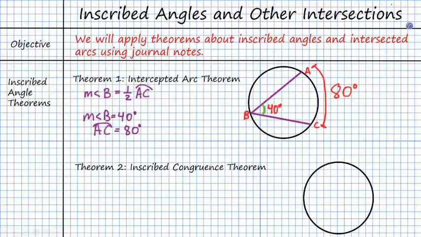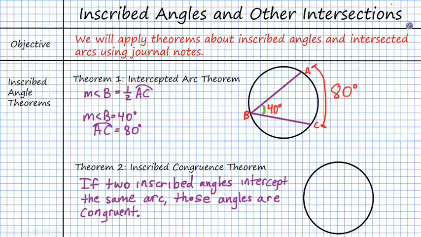Our second theorem is if two inscribed angles intercept the same arc, then those angles are congruent. So what does this look like? If I've got two inscribed angles that intercept the same arc here, then these are congruent.